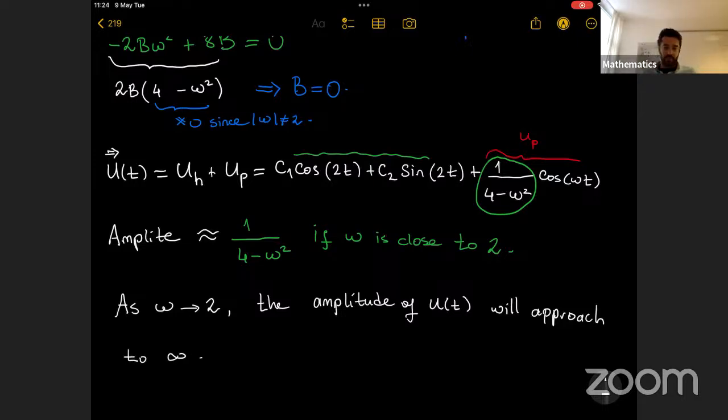Because 1 over 4 minus W squared will approach infinity. And this tells you simply that this behavior is called the resonance of the system.